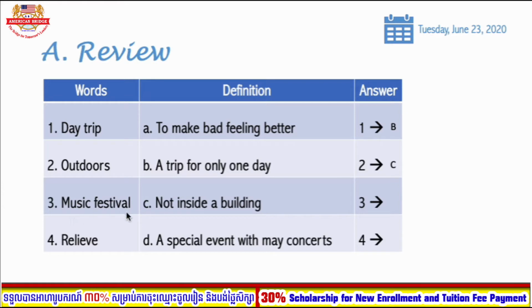Number 3, music festivals. So what is music festival, everyone? Okay, the correct answer is D, a special event with many concerts. Number 4, relief. So relief, to make bad feeling better. Okay, so letter A. Good.